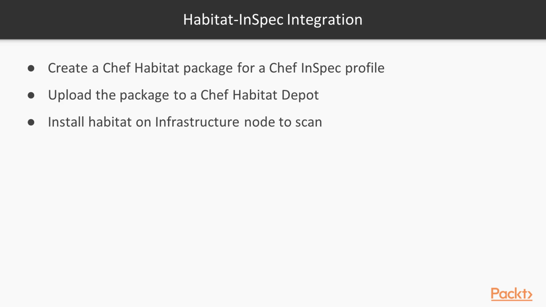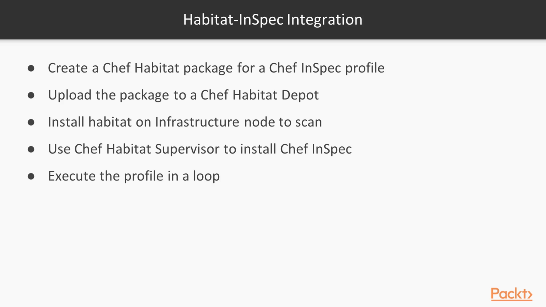For example, we had several nodes during our course. I can install Habitat on our Webserver 1, 2 or 3 and execute this profile to run on a timely basis or a looping basis. We shall use the Habitat supervisor to install Chef InSpec, and from then on, we execute the profile in a loop.